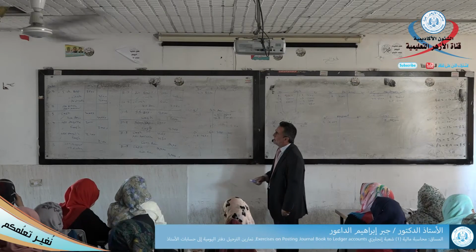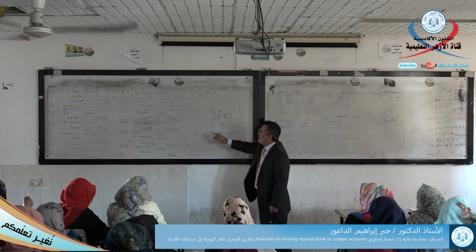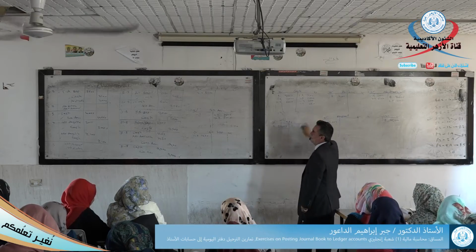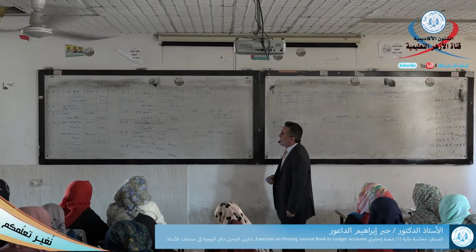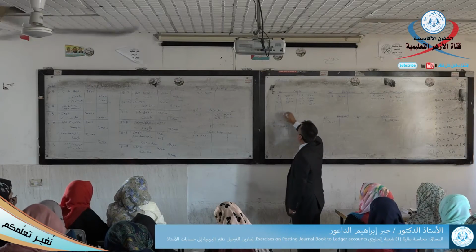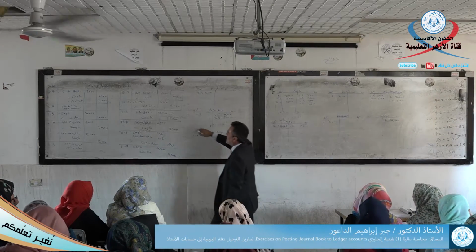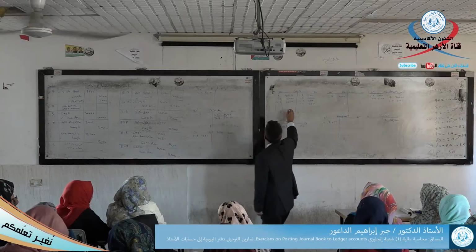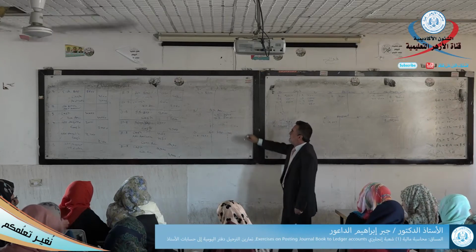Advertising expense, debit; cash, credit. On the 20th of March, cash will be debit, at the debit side of cash 5,000, whereas on the credit side, admission revenue.